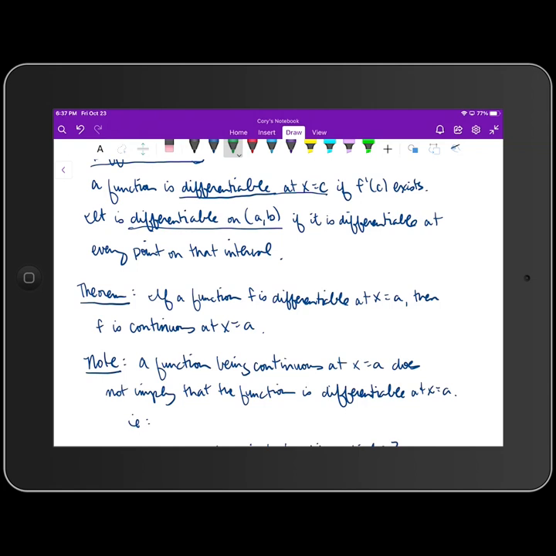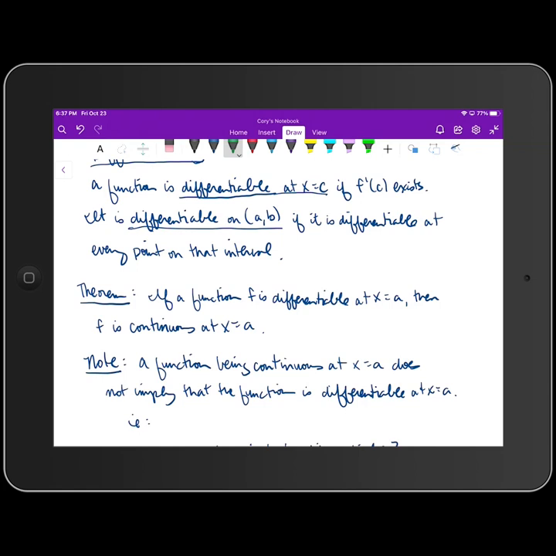But as we're going to note down below, if we take the converse of that statement, converse means you switch the hypothesis and conclusion, a function being continuous at x is equal to a does not imply that the function is differentiable at x is equal to a.